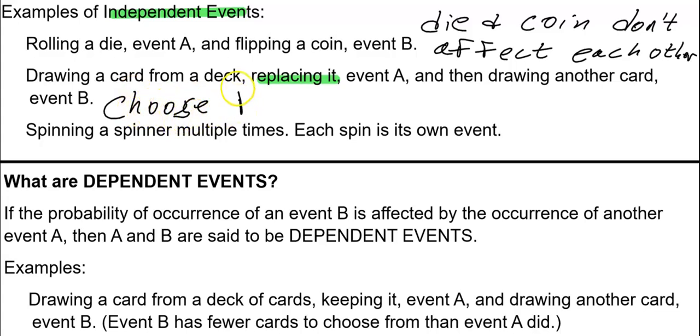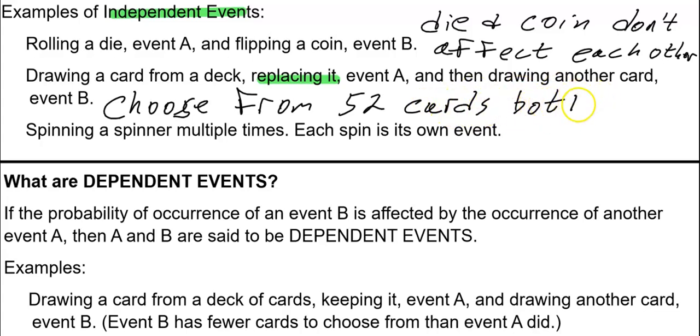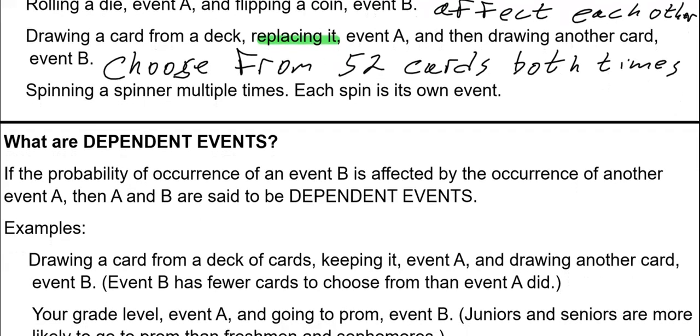Another example is spinning a spinner multiple times. Each spin is its own event. Spinners have no memory. So if I got blue, blue, blue, blue, blue, it doesn't matter what the next spin is, because they are all independent of each other.